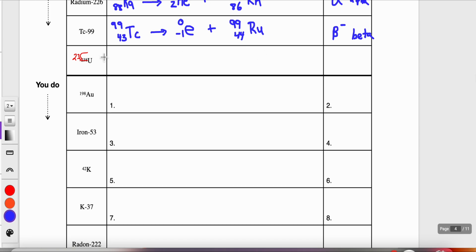Last example, I'm changing it to a mass of 235, so U-235. And when you go and look on the periodic table, U-235 has a decay mode of that funny looking alpha symbol, which Table O reminds us is called an alpha decay.